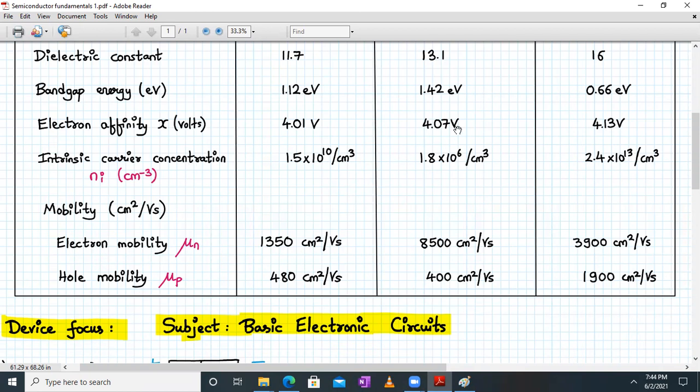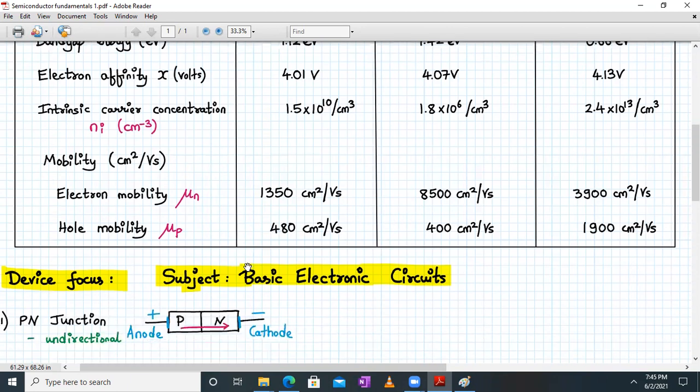During peak times, it's very difficult even to get into the train, and your mobility is restricted. So mobility is the ease of movement of charged particles. It's higher for electrons here, and for holes it's comparatively lesser.